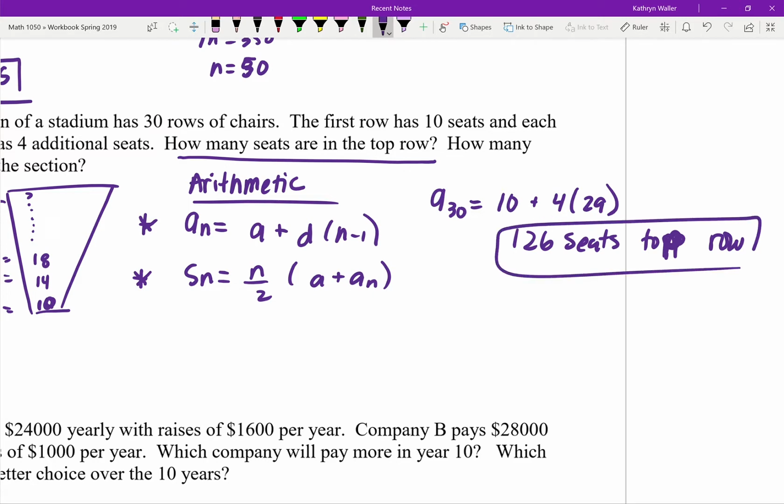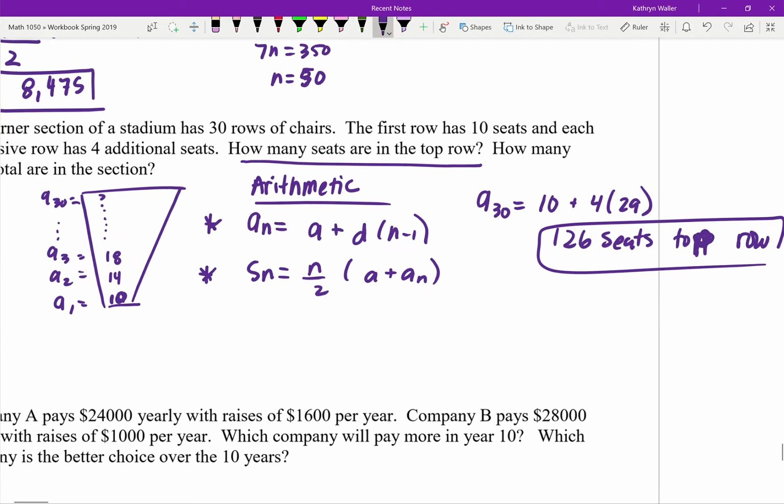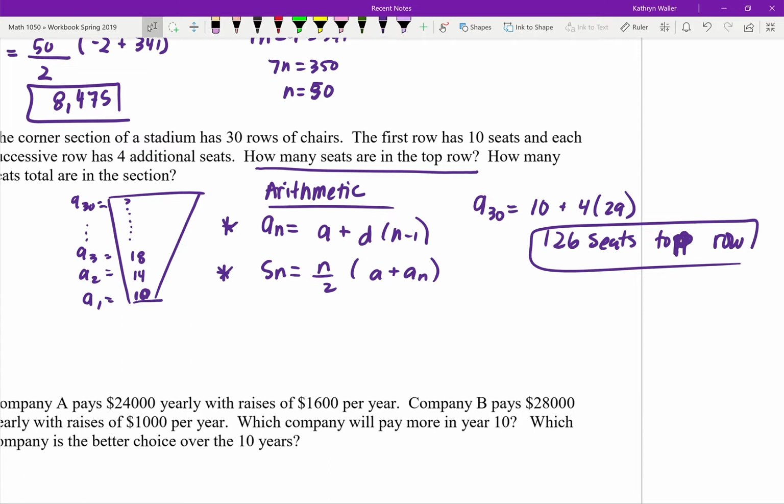Okay, read the next question. We're not done. How many seats are in the entire section? That's adding the first row to the second to the third all the way up. So that's a sum. Okay, so everybody go S sub 30 is equal to 30 divided by 2.